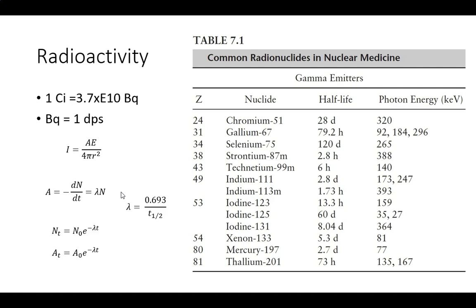Lambda is a constant for whatever atom type you have. Therefore, if you've got N or A, you end up with the same equation for either one. Again, you just multiply through by lambda, boom, there you go.